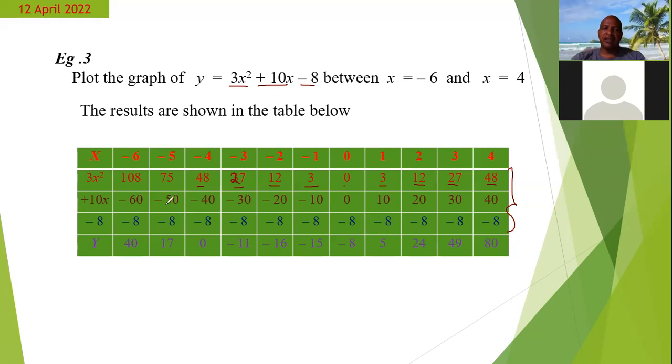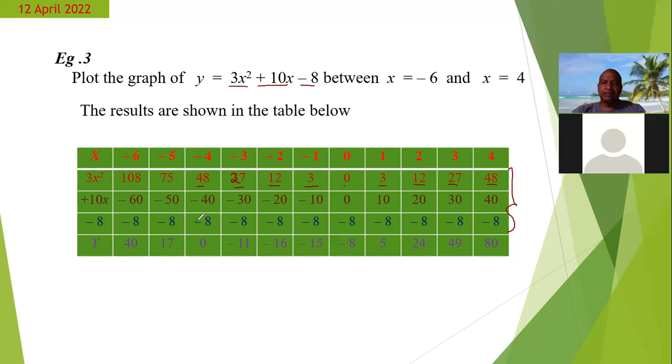You add the two negatives, you get -58. You subtract that from 75, you should get 17. So guys, just verify these calculations for me as we move along. It's important that you verify them so that we have it accurate.